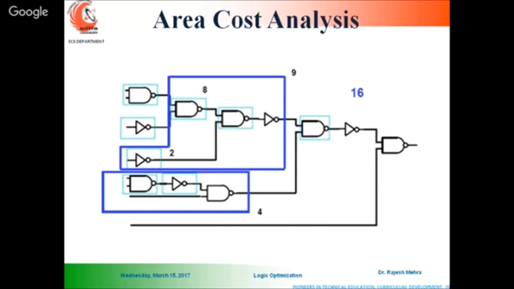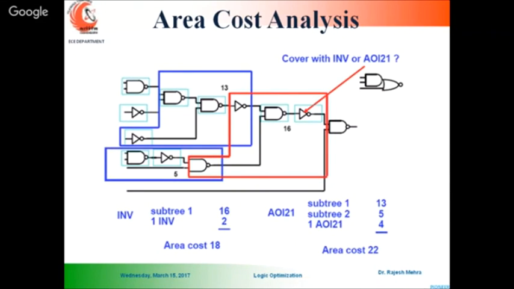Now, the next option, again straight away use what? Use inverter. 16 plus this inverter is equal to what? 18. 16 plus 2 is what? 18. But again, if we use subtree, subtree is up to what? Up to here it is 13, and up to here it is 5, and this is equal to 4, this red one.